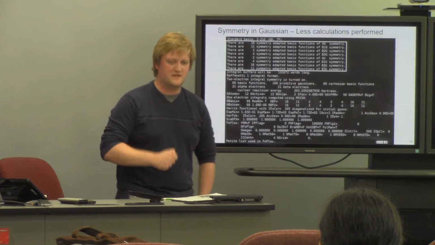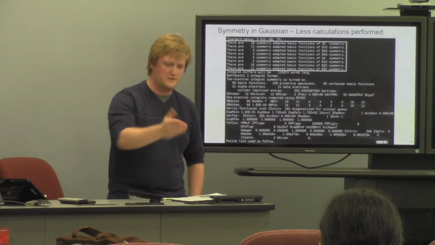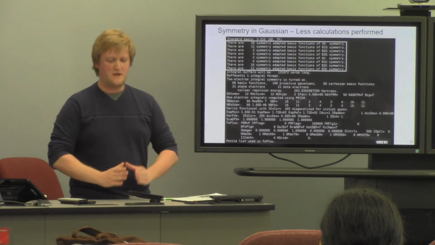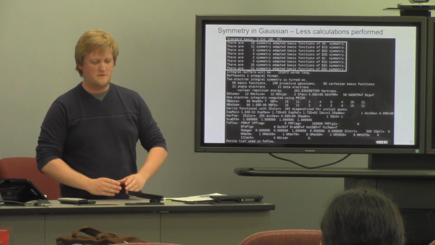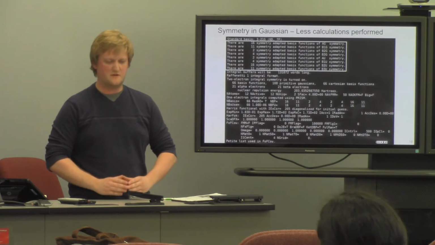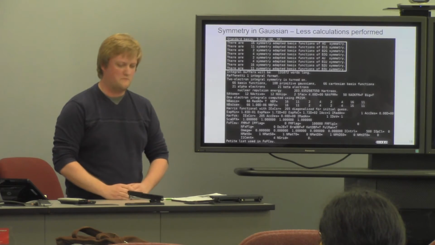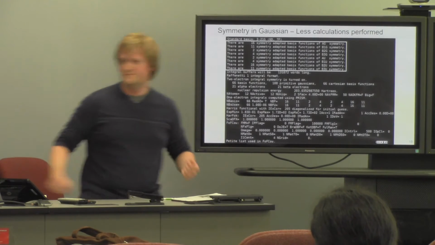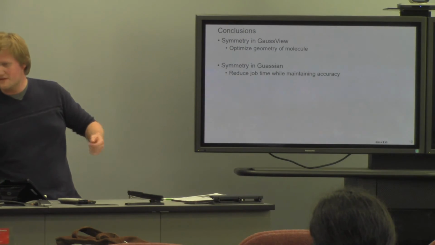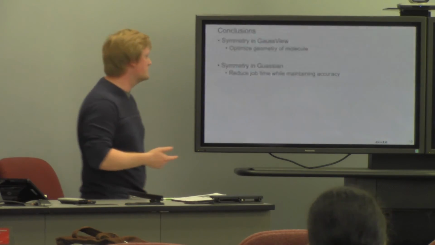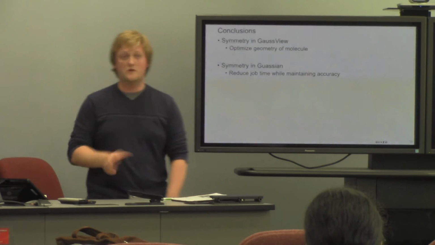So if your molecule has symmetry, it will more or less reduce its basis set, perform the operation on the smaller basis set, and then project that calculation to the rest of the molecule, assuming that it is symmetric. So, conclusions: you can optimize geometry, not so much bond lengths, more with bond angles, and reduce job time, while maintaining accuracy.